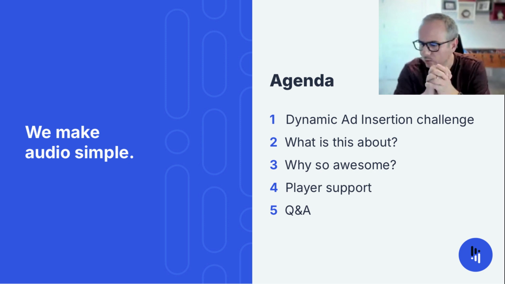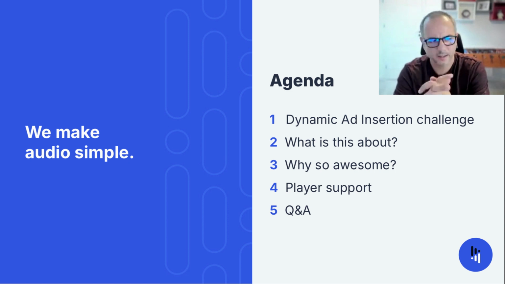I'm planning to give you an overview of a kind of new functionality of HLS, HLS Interstitial. I say kind of new because it was introduced in 2021, so it's not new anymore. But the support around that is not yet everywhere.